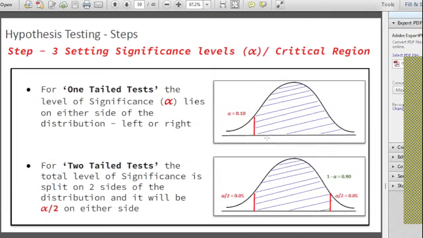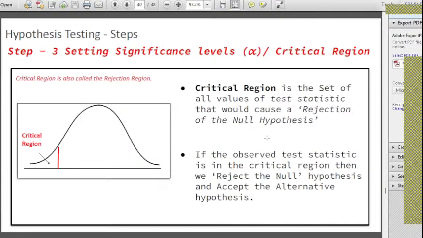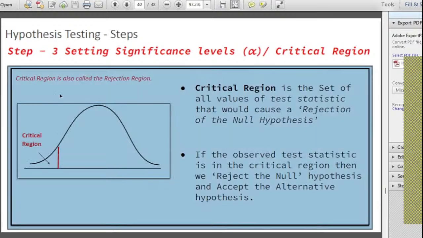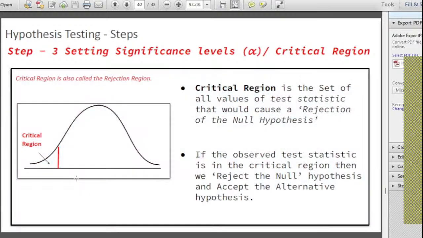Now tell me, this red line is my alpha, right? What is alpha? Tell me what is alpha? Significance level. What is significance level? The maximum probability of accepting a type 1 error, right? Remember this.